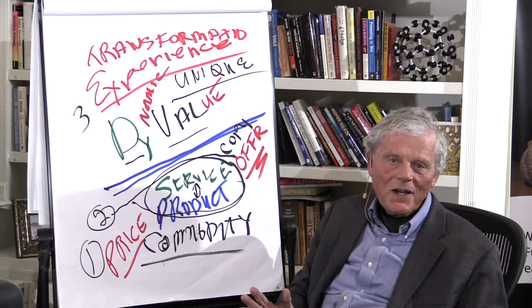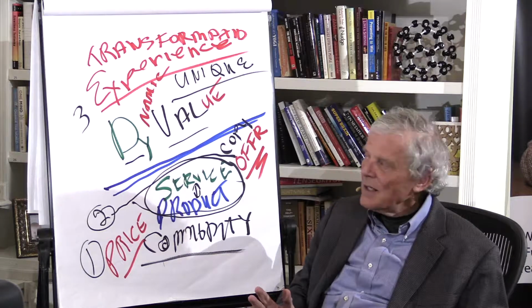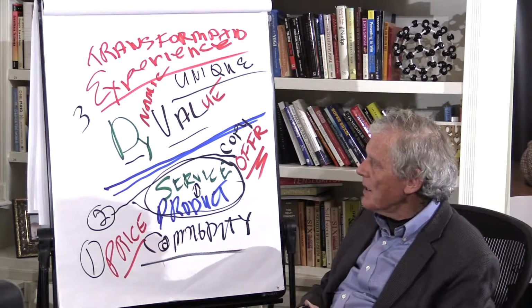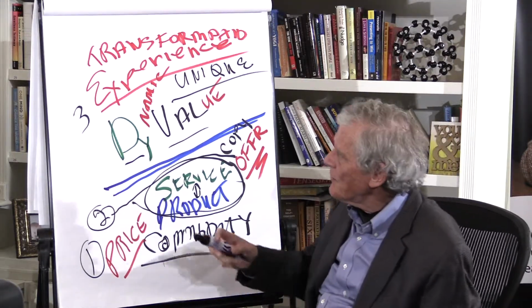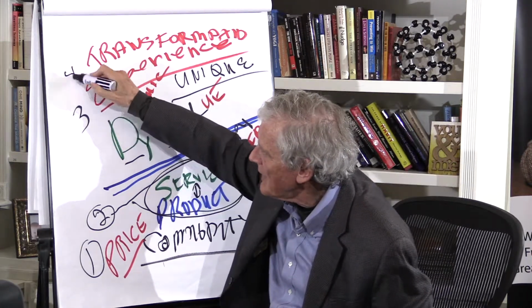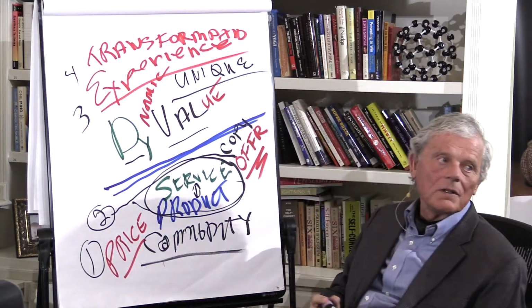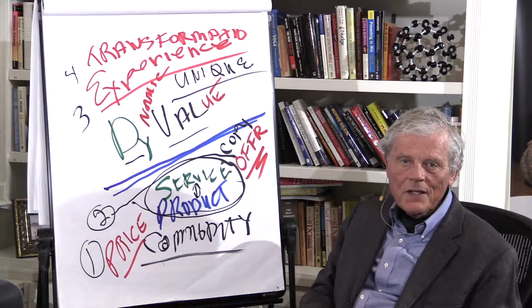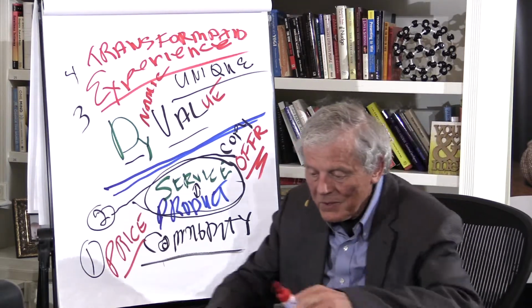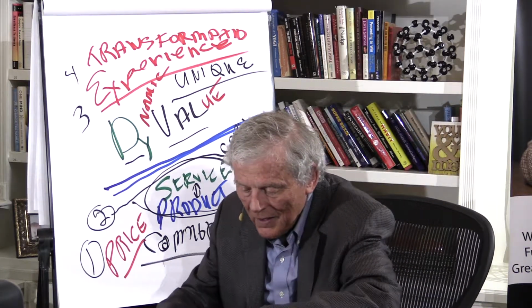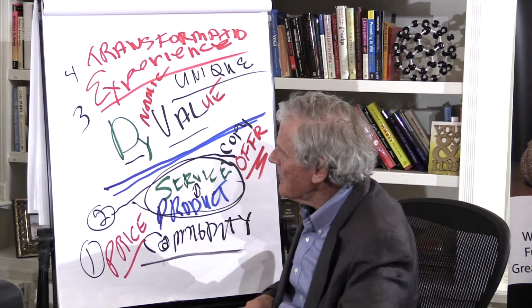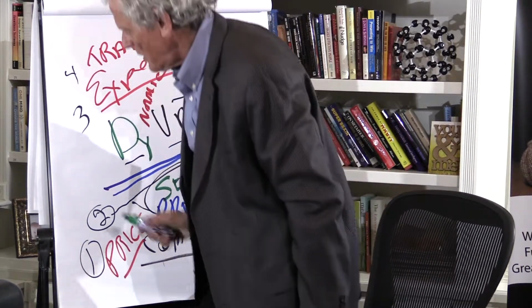But there's still a level higher than this. If you look, experience is number 3, number 4 is transformation, but that's still not the top. There's one level higher than this, and this is it. When you get to this level, nobody's going to even care what you charge, okay?